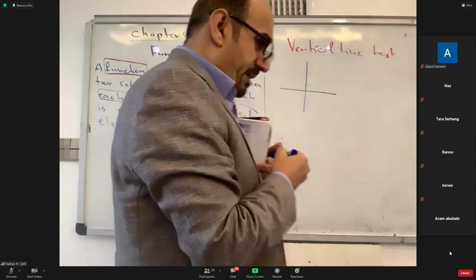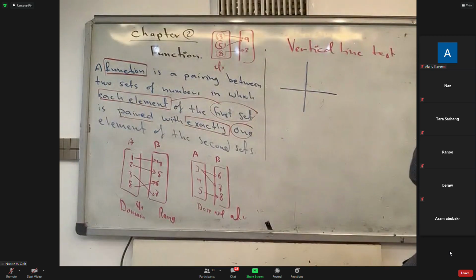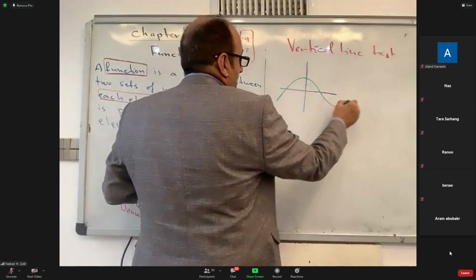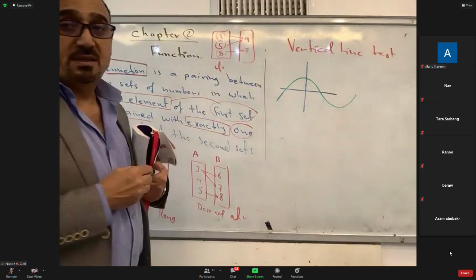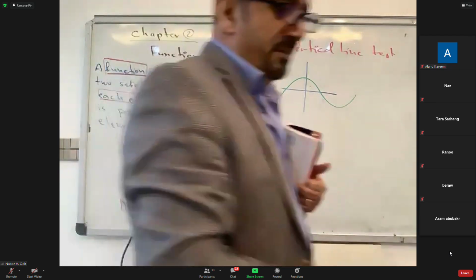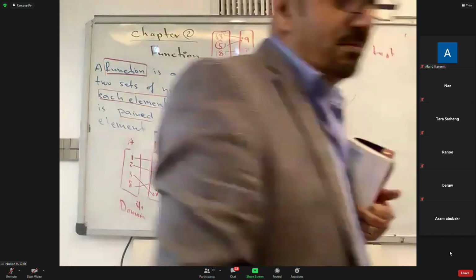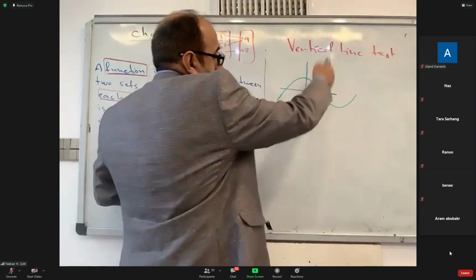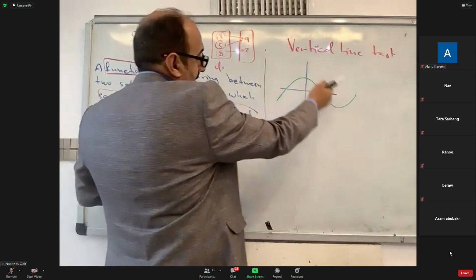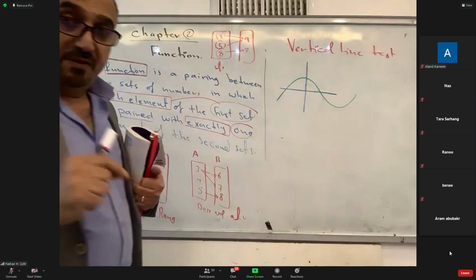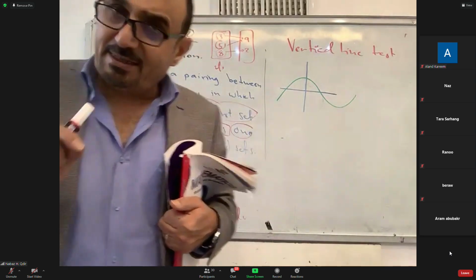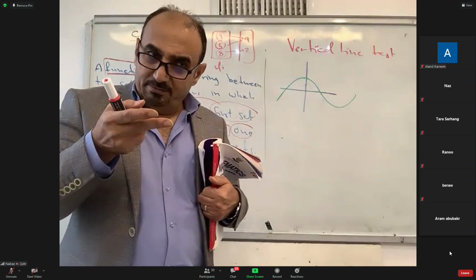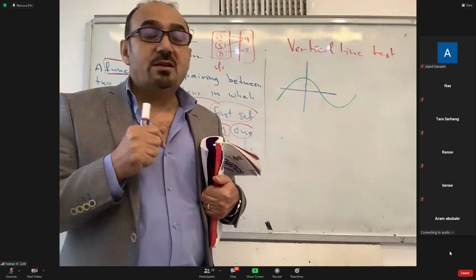For example, we have the graph of a function. This is a function, right? So you can draw a vertical line in any place here. If the vertical line intersects the graph two times, more than one time, so it is not a function.